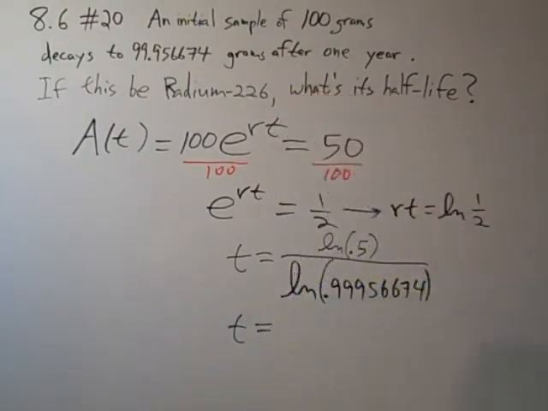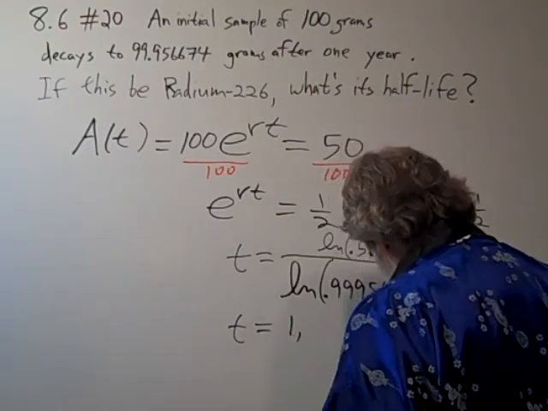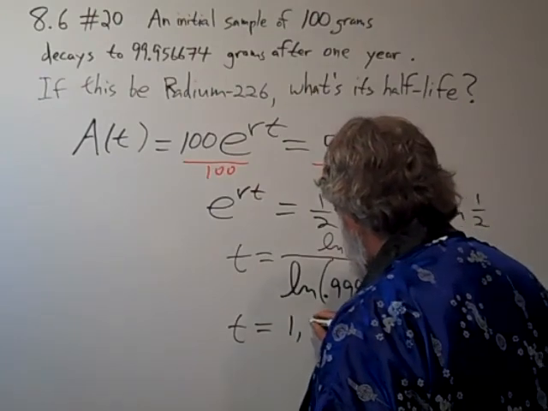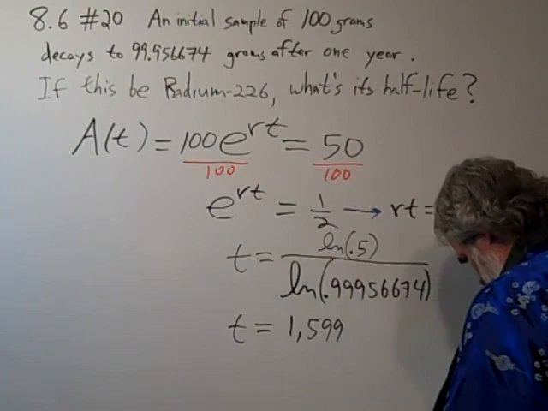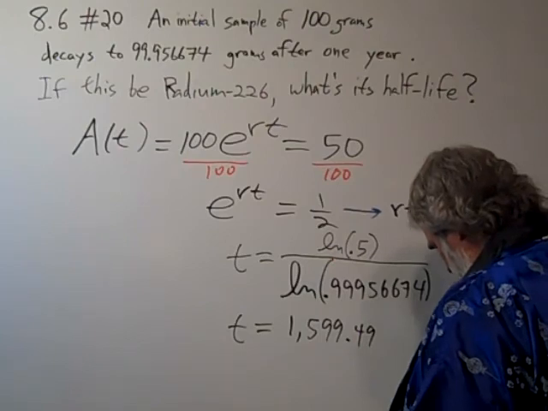Let's calculate T then, the half-life of radium-226. So take the natural log of 0.5 and divide that by the natural log of 0.9995667, and I get 1,599.49456.